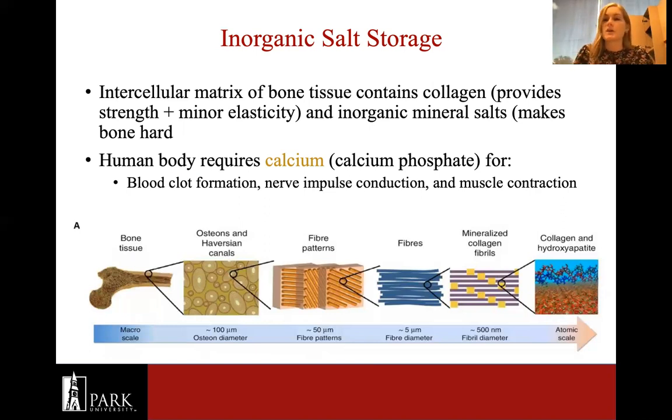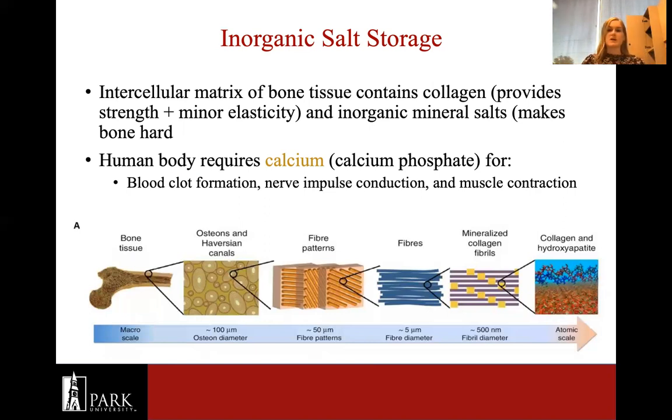Anyways, you have collagen in your bones that helps keep the strength of your bones, but gives your bones a little bit of give. Those inorganic mineral salts specifically are what makes your bone hard. So that's where we get that sturdiness of our bone.